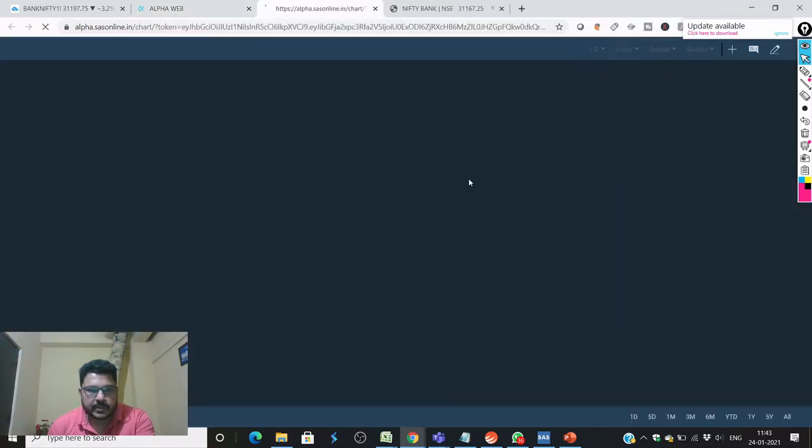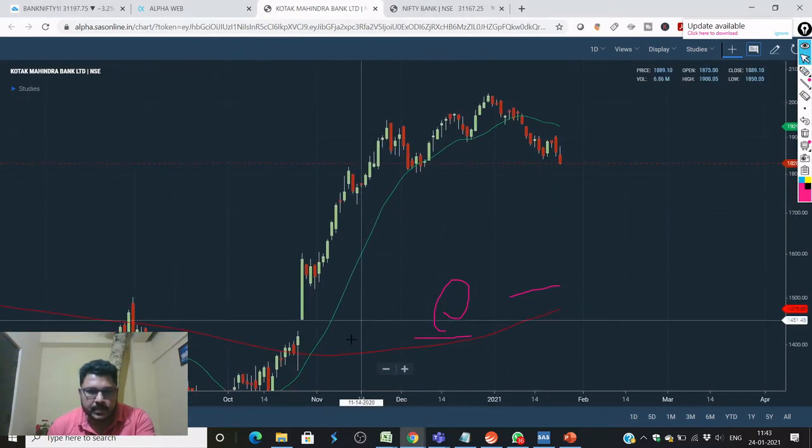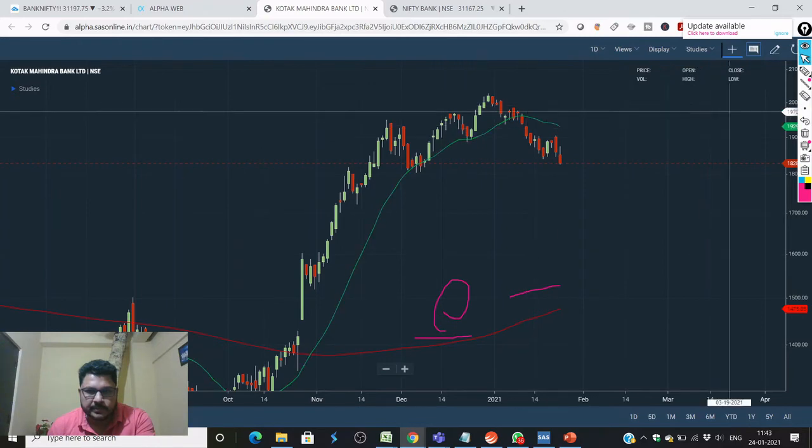Okay, this is the Kotak Bank chart. This is on a daily time frame. You have got an entry here. So this is the entry point. Stop loss would have been here. You have invested an amount, and then you can see the ride.